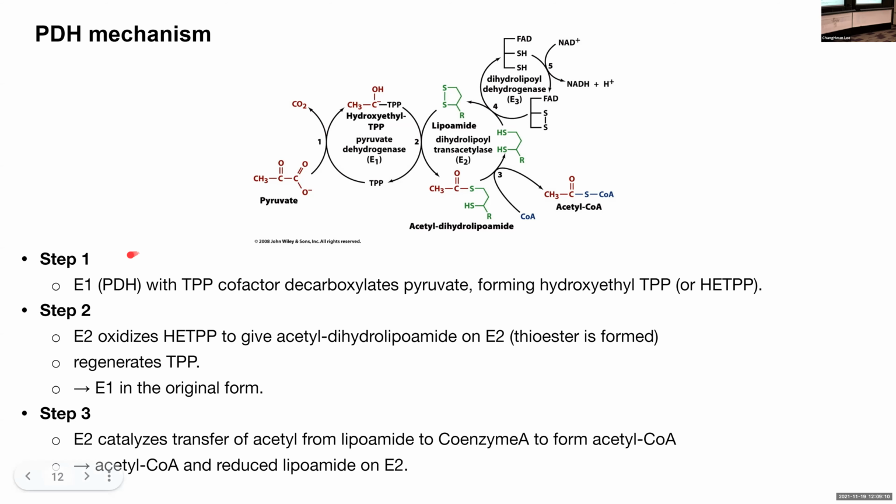The first step is where E1, again pyruvate dehydrogenase, with its cofactor or coenzyme TPP, thiamine pyrophosphate, decarboxylates pyruvate. As you can see here, there's a carboxylic group that is removed and discarded as carbon dioxide.